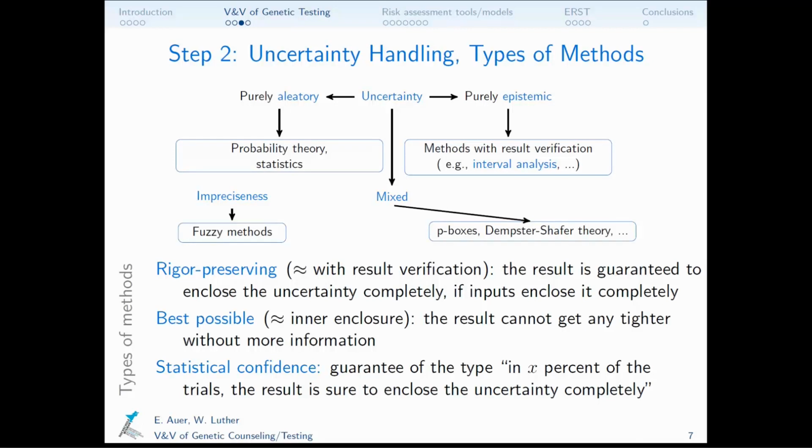For impreciseness, we can employ fuzzy methods. So this is how it is done today in the area of genetic testing or genetic counseling. We propose to enhance the traditional methods by considering epistemic uncertainty with the help of interval analysis, and to mix those kinds of uncertainty as a subject of our future work.